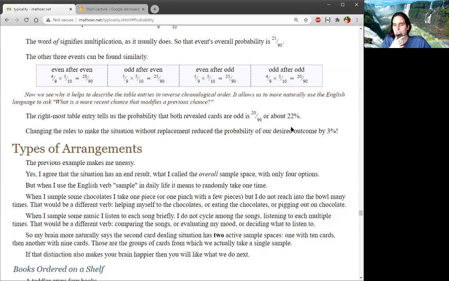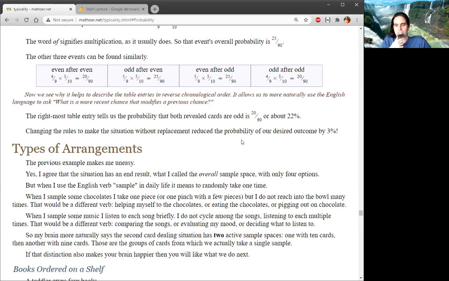So if we leave the first card on the table, the chance of our getting 2 odd cards goes down by 3%. And for most people who haven't done probability or gambling, that seems really strange, that just because you leave the first card down face up on the table, the chance of getting 2 odds is different.